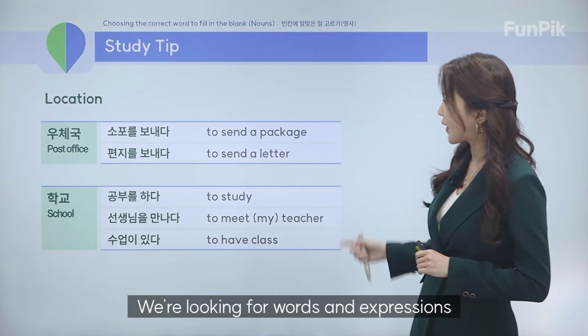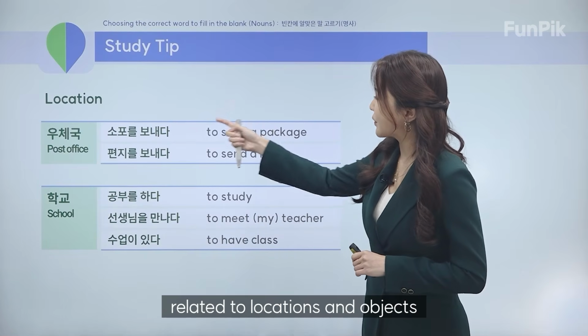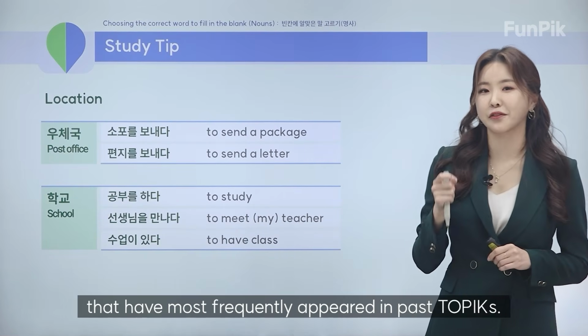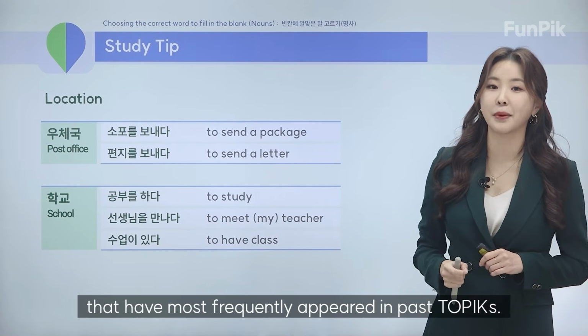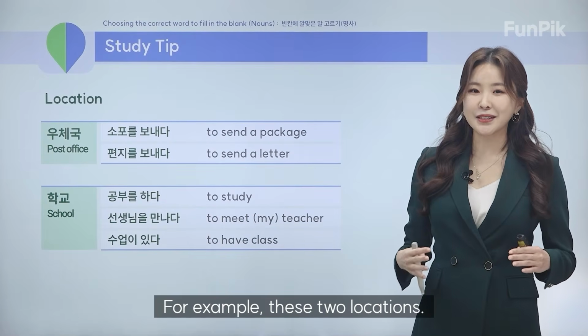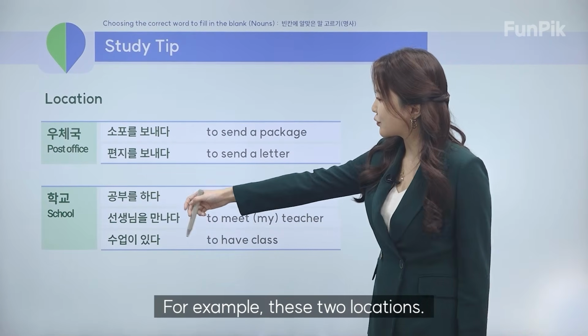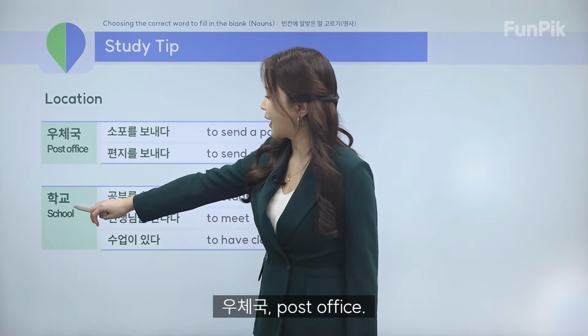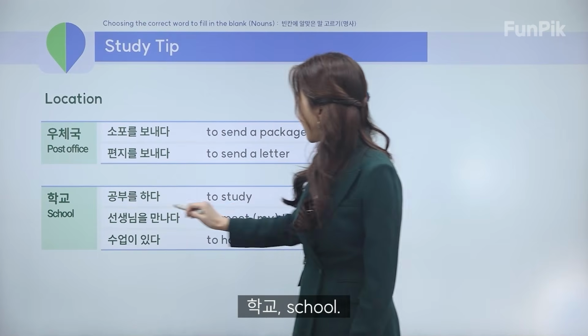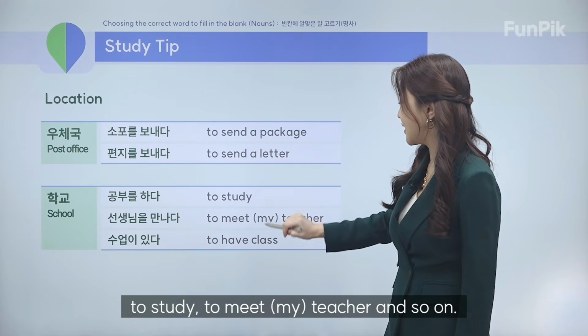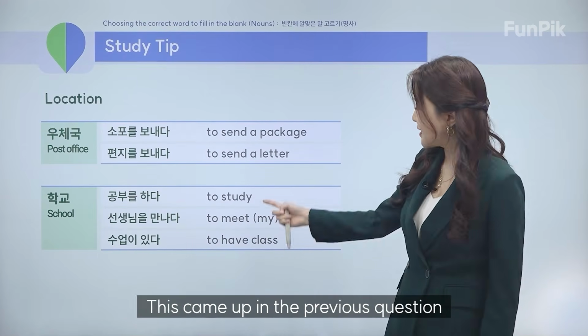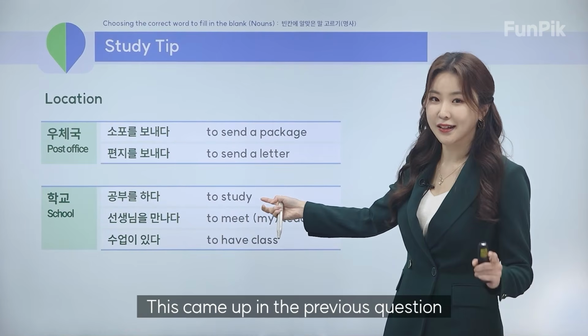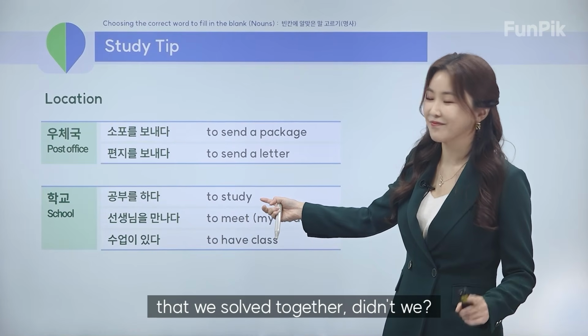And we're looking for words and expressions related to locations and objects that have most frequently appeared in past topics. For example, these 2 locations, 우체국, post office, 학교, school. Words related to 학교: to study, to meet, and so on. This came up in the previous question that we solved together, didn't we?